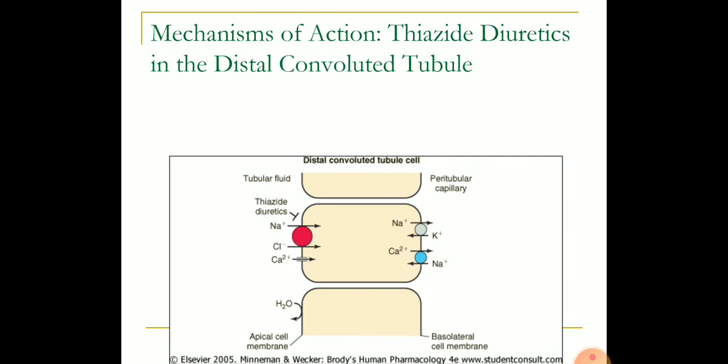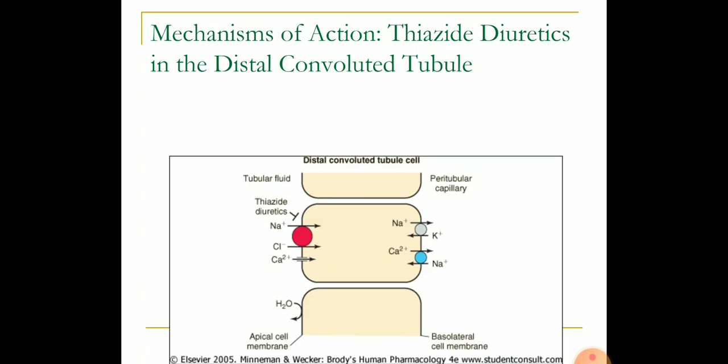Thiazides may also increase the active secretion of potassium in the distal convoluted tubule. That is the reason why, in spite of blocking the sodium-chlorine channel, it is responsible for causing hypokalemia, and the hypokalemia is even sometimes more than that of furosemide.